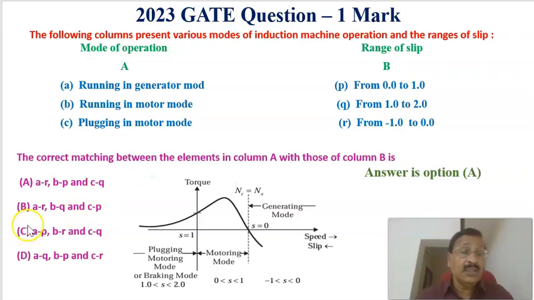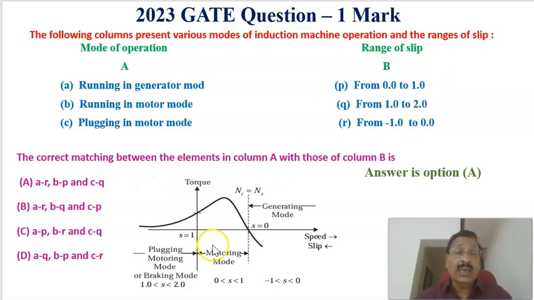Option C, AP, BR, and CQ. And option D, AQ, BP, and CR. So these are the matchings of the modes of operation to the corresponding slip ranges.